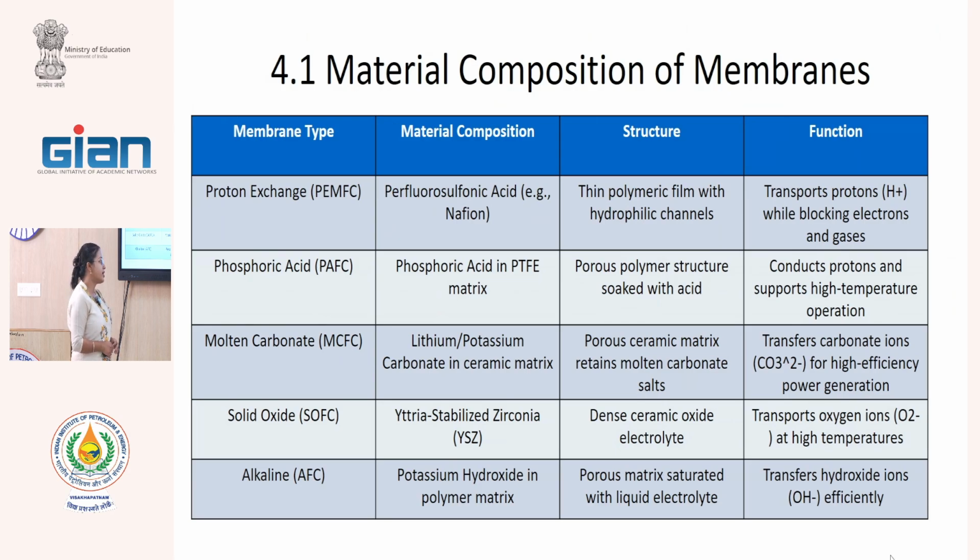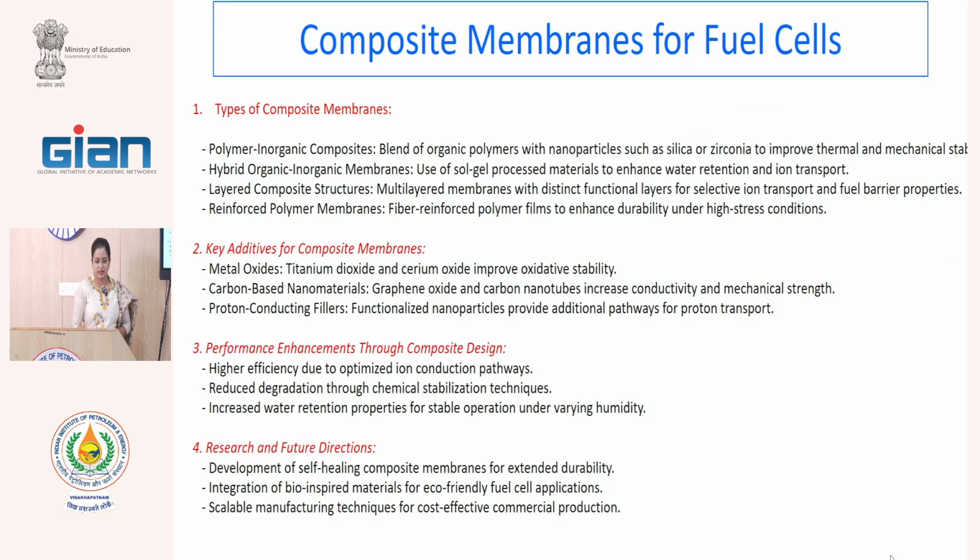And for SOFC, the ceramic has to be very dense, otherwise they face a lot of transport losses. Okay. Alkaline fuel cell, I already explained that you have to soak it with saturated KOH, so that it can transfer OH minus effectively.